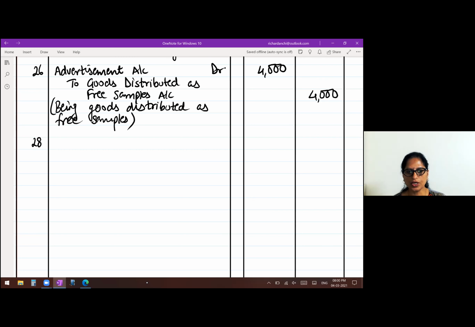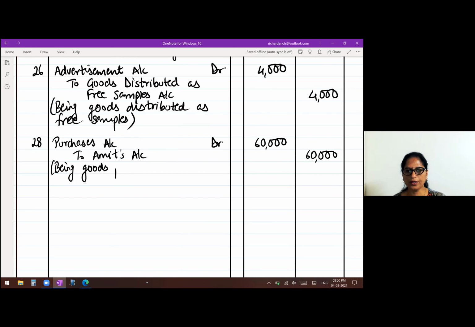So write purchases account debit 60,000. And the giver is Amit. So credit the giver to Amit's account 60,000. Narration being goods purchased on credit.